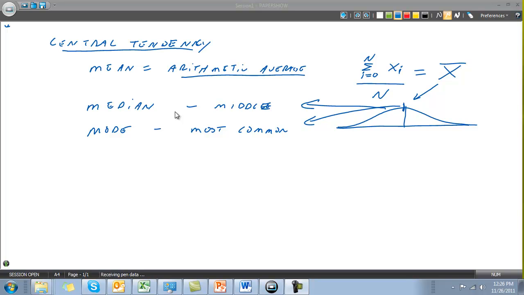But when you have some of those other forms of data, like for instance, positively skewed data, you'd find your average, your arithmetic mean, here, even though your most common answer, the mode, is there. The one in the middle, the median, may be somewhere around here.